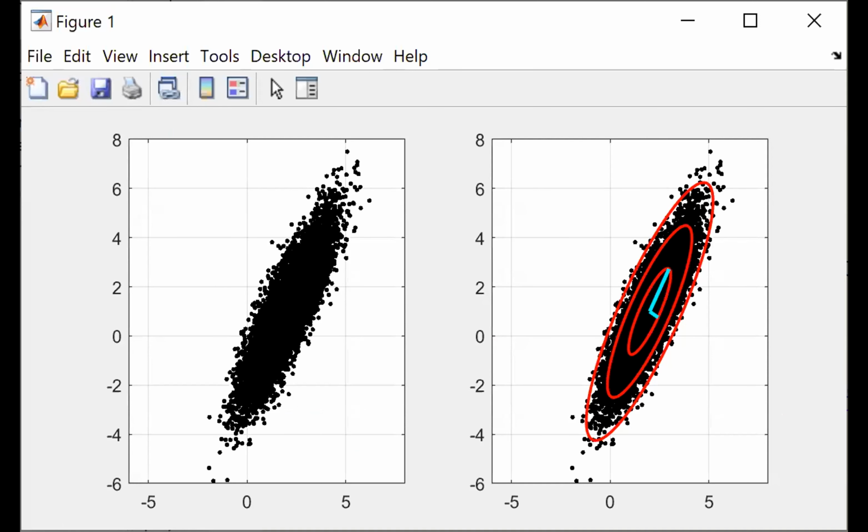So this figure shows you the data. It shows you the principal components of the data. And what are the principal components? The principal components are shown by this red ellipse.